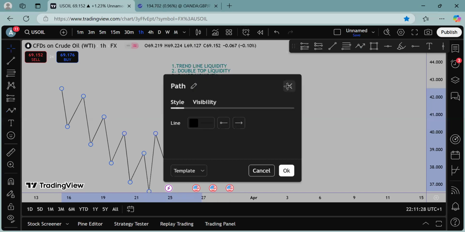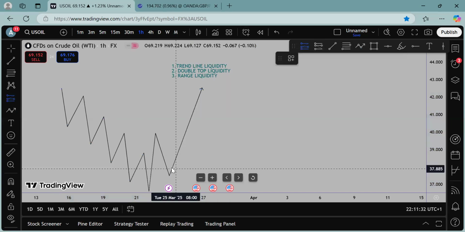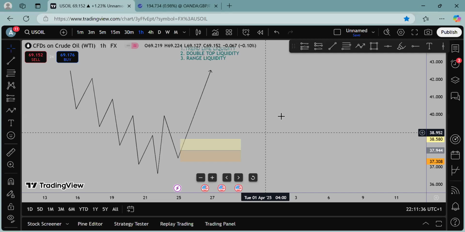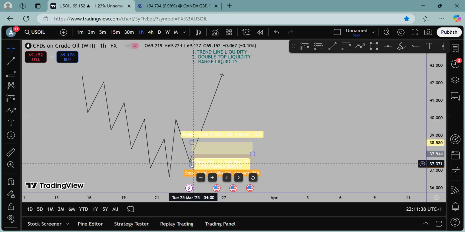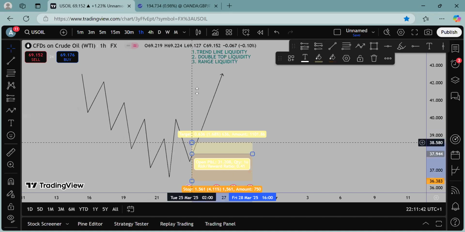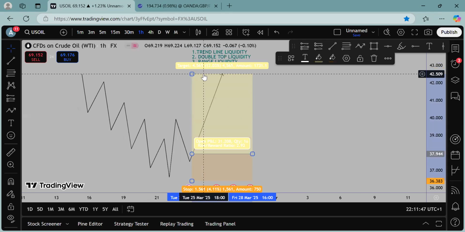All right, so this becomes your buy, right? Then your stop loss is below. You already know this one very well. Then all the way down to your trend line liquidity here.